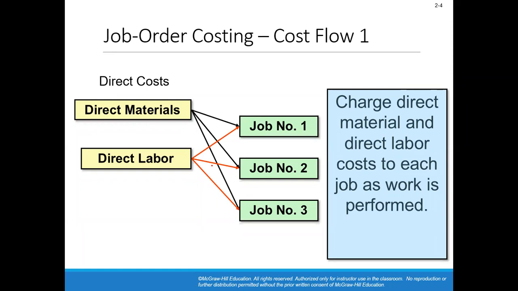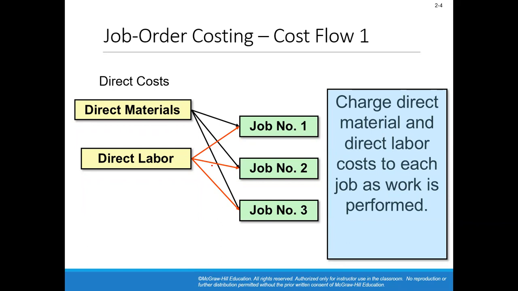So for each job, you require some direct materials and some direct labor. You can easily attribute these direct materials and direct labor to the jobs. I'll show you the quantitative example later. But you can easily identify that for a particular job, you are very sure how much direct material will be required.